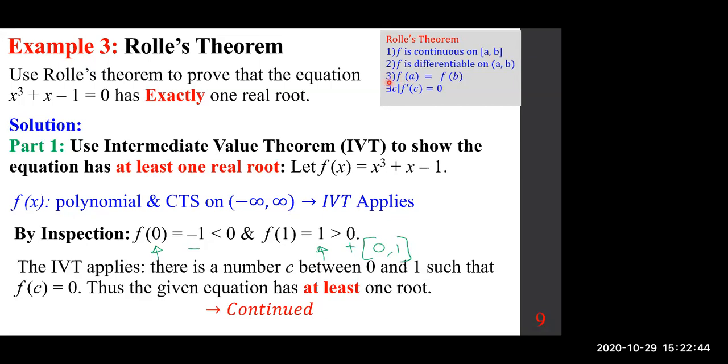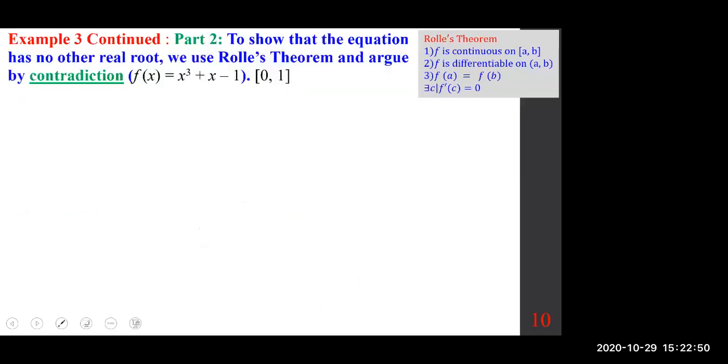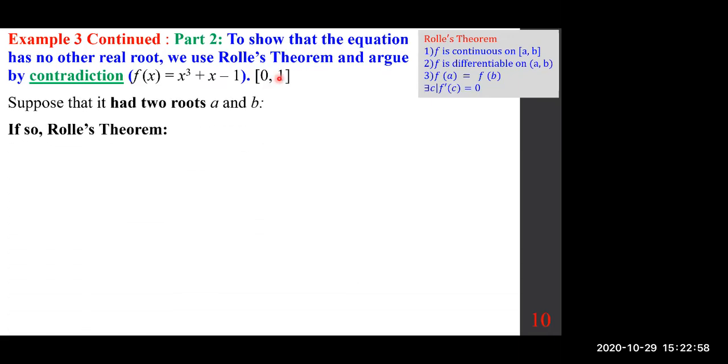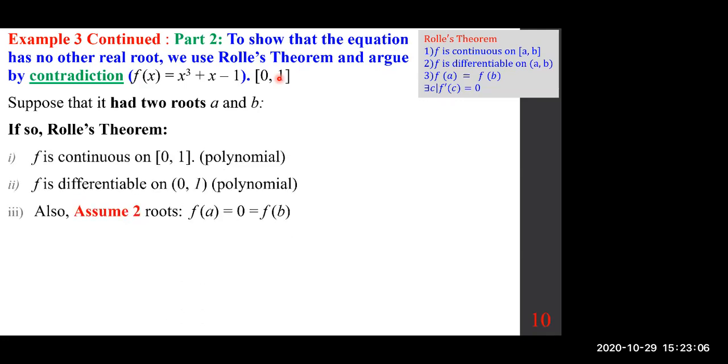assuming it has two roots, then f of a is equal to f of b equals 0. Okay, so we are going to look at Rolle's theorem in the interval of 0 to 1. Suppose we have two roots. Then Rolle's theorem applies. So take a look. F is continuous.